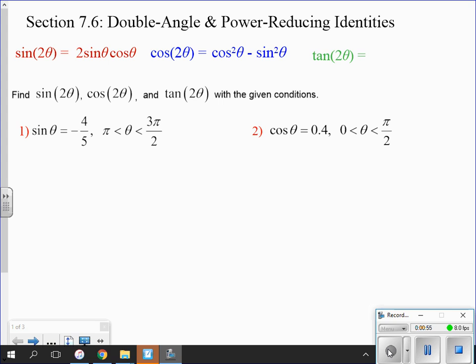However, using that identity of sine squared plus cosine squared equals 1, we can do some substitutions and rearranging and come up with a couple other formulas: 1 minus 2 sine squared theta, or 2 cosine squared theta minus 1. Those are alternate ones for the double angle formula.